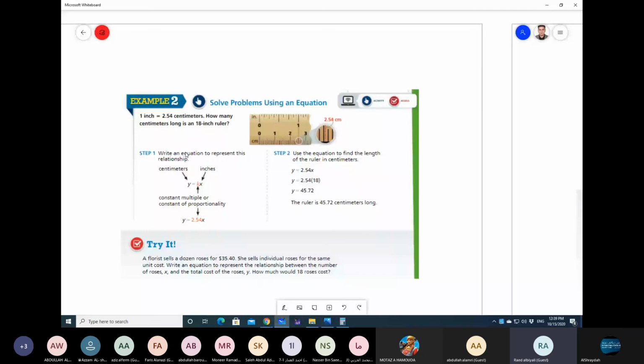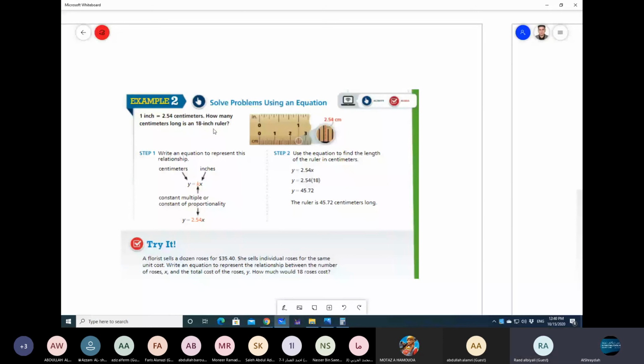How many centimeters long is an 18-inch ruler? 1 inch is equal to 2.54 centimeters. How many centimeters long is an 18-inch ruler?